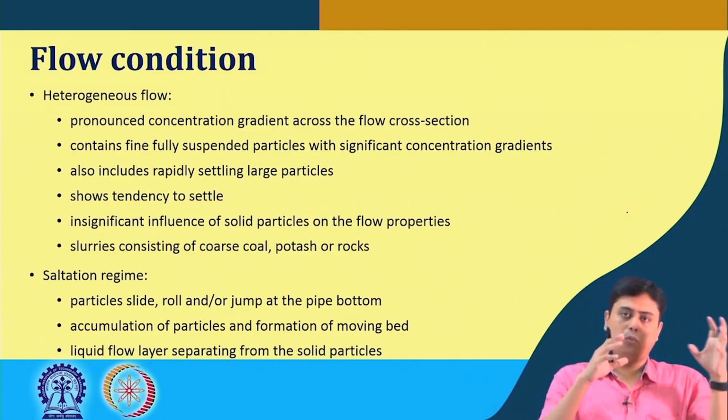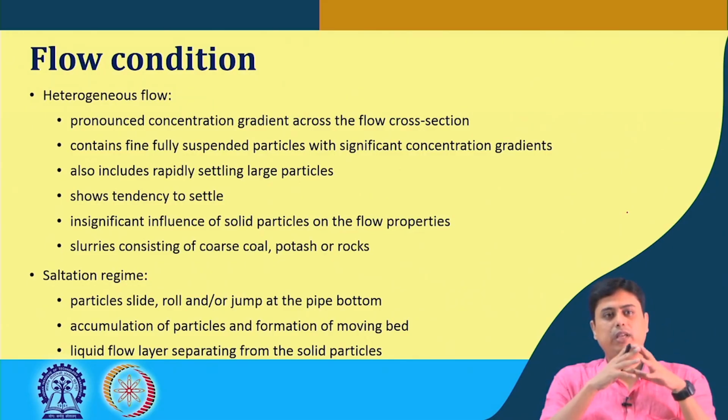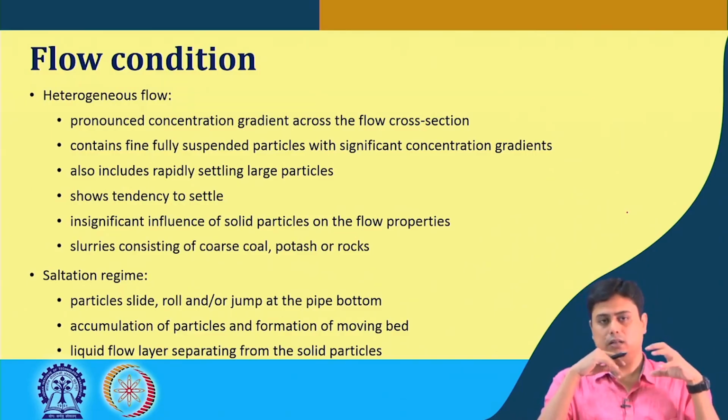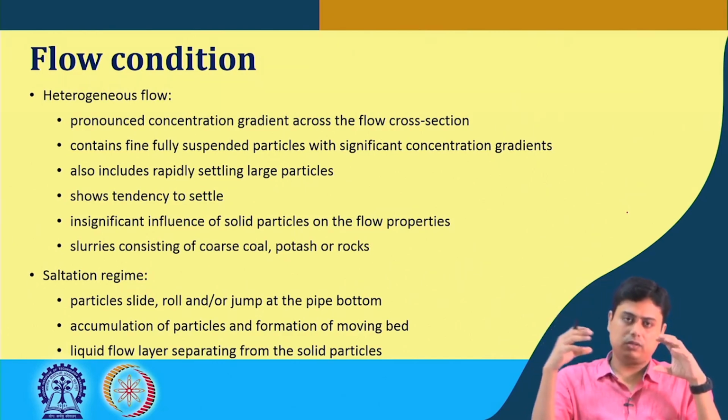So this is the homogeneous regime, then the heterogeneous regime, and then we have the saltation regime in slurry transport. In this saltation regime, the particle slides, rolls, jumps at the bottom of the pipe, which means the particle has already settled. Some of the particles are settled and the fluid stream is flowing.